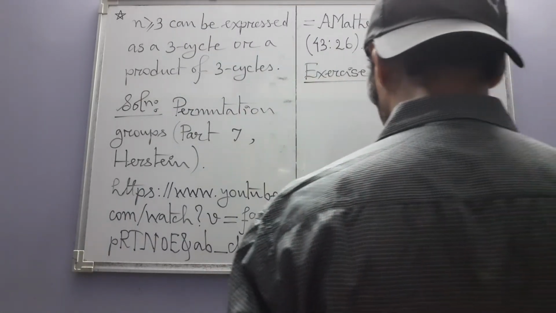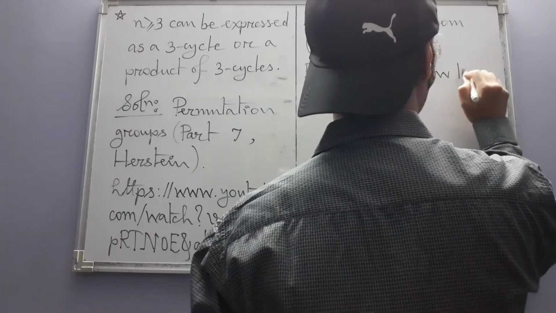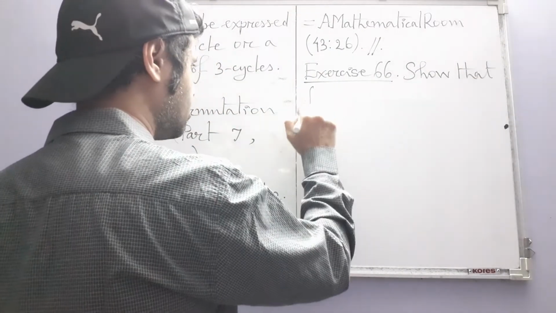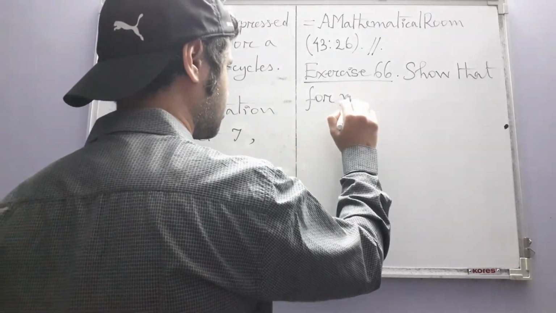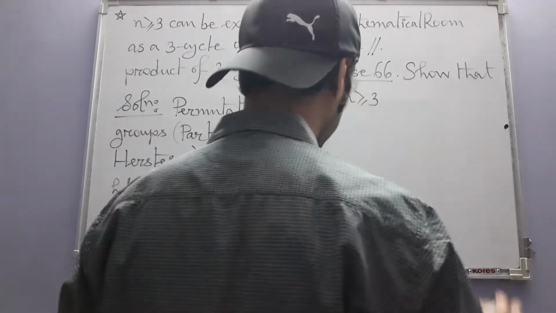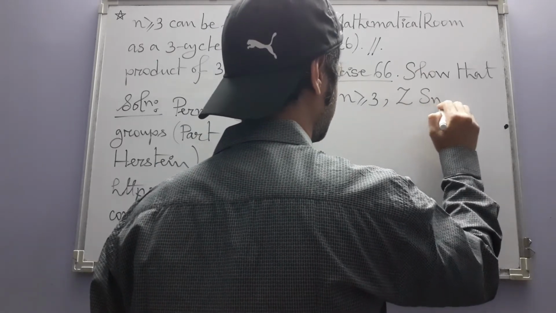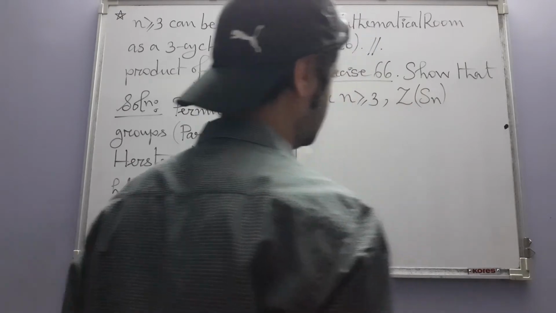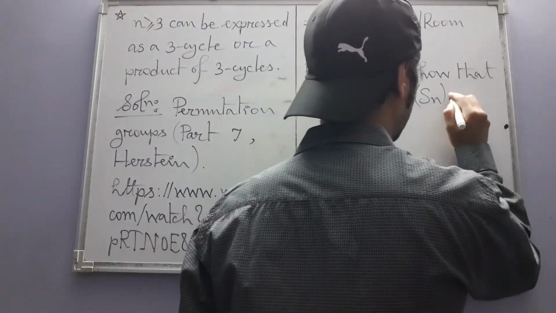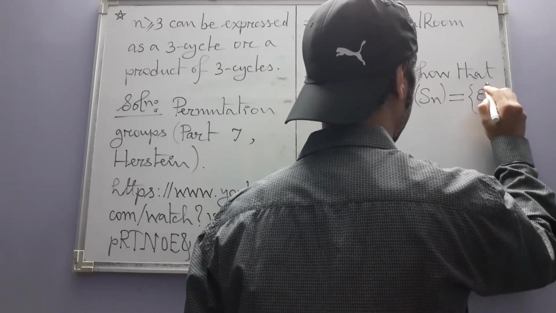Then the next one is this: show that for n greater than or equal to 3, the center of the symmetric group of degree n, Z of Sn, is the trivial subgroup consisting of only the identity.